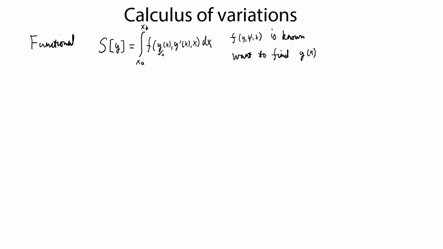Now, before we go about attacking that, I'm going to prove an intermediate result that will be useful at the end here. And that is known as the fundamental lemma of the calculus of variations. It states the following.